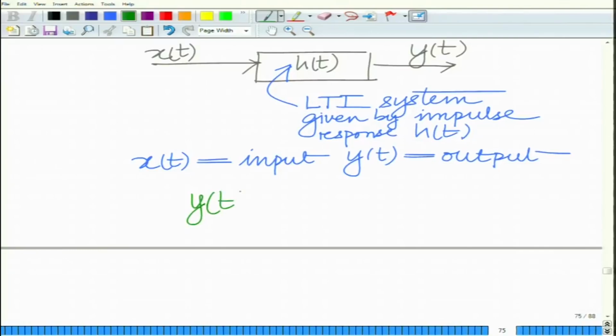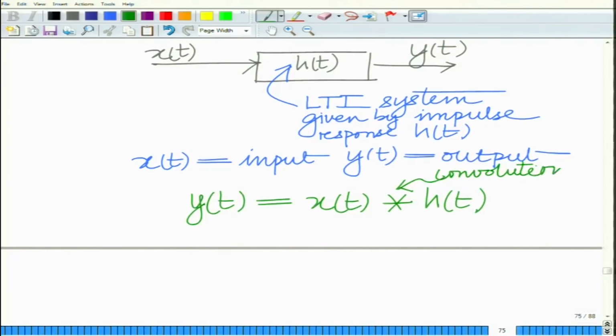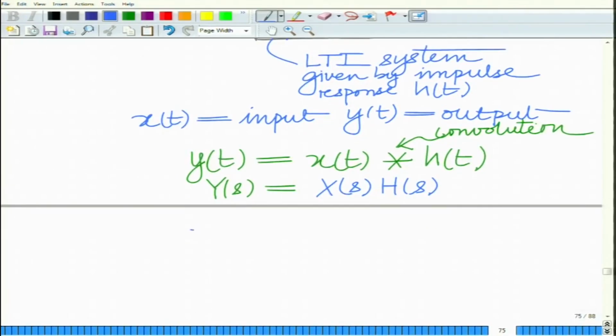Therefore, since y(t) equals x(t) convolved with h(t), once we take the Laplace transform, Y(s) will be the product of the Laplace transforms X(s) and H(s).